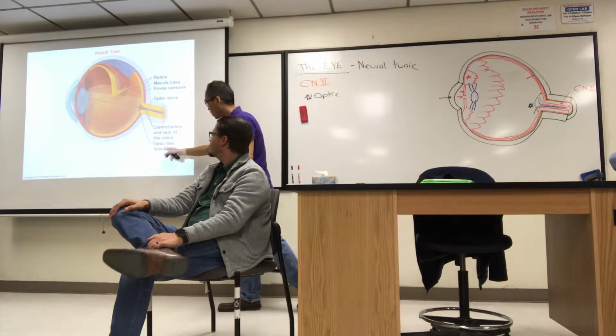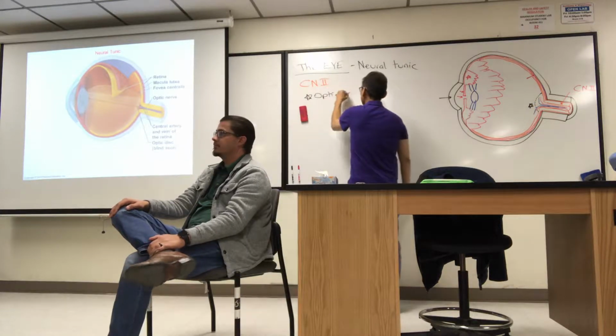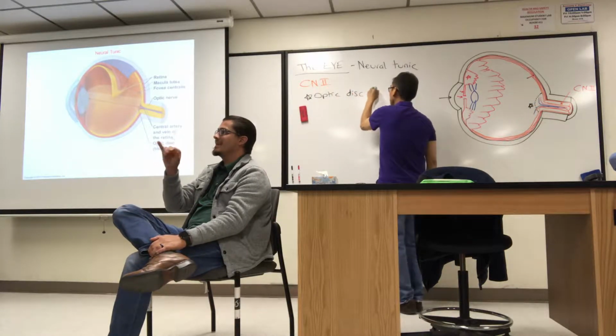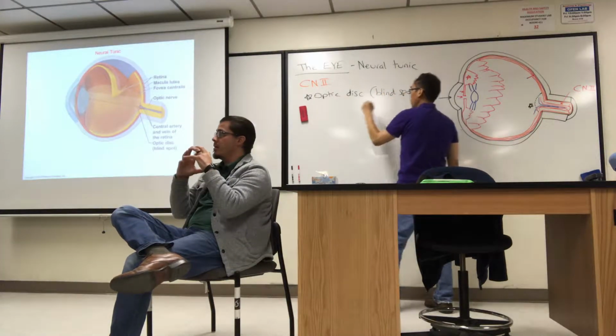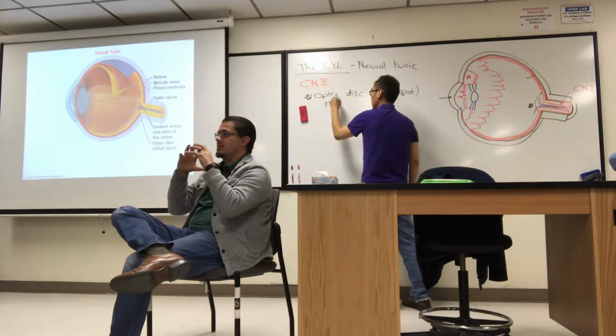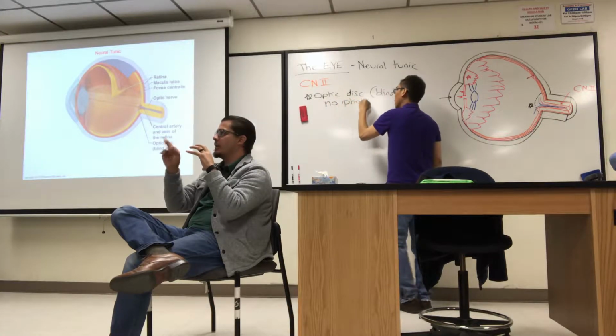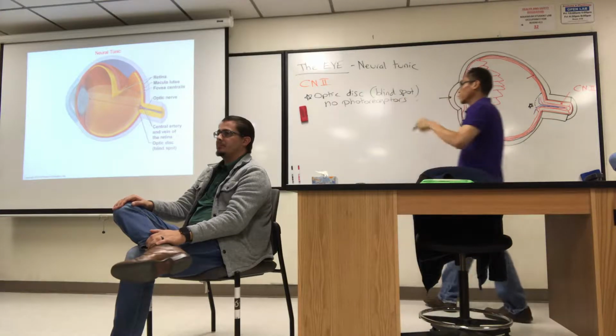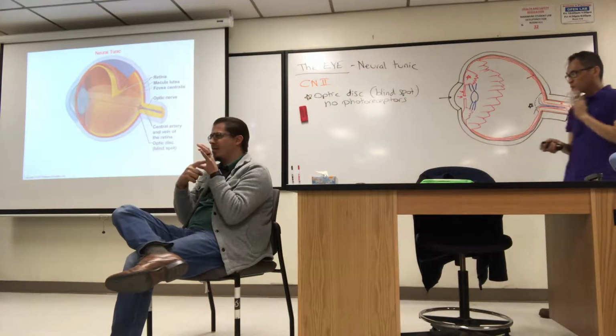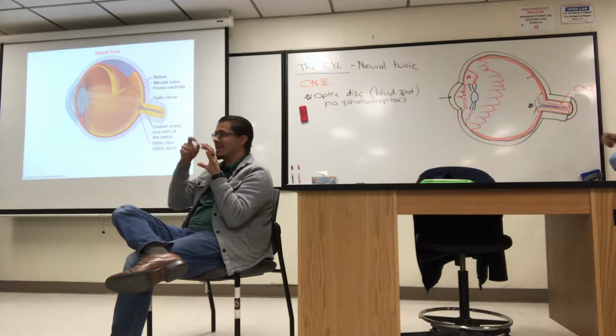This term here, optic disc, known as the blind spot, because there are no photoreceptors in it. You have no photoreceptors, there's no signal to be sent. Those are the cells that can bind the photons in light, but they're not there.